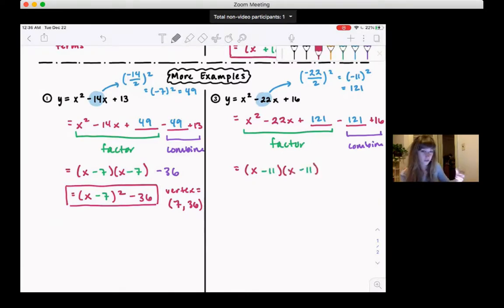Or we could factor the long way and look for two numbers that multiply to 121 and add to negative 22. And you should get the same result. You should always get the same number here and here. So if you get different numbers there, something's gone wrong. And then minus 121 plus 16 gives us minus 105.